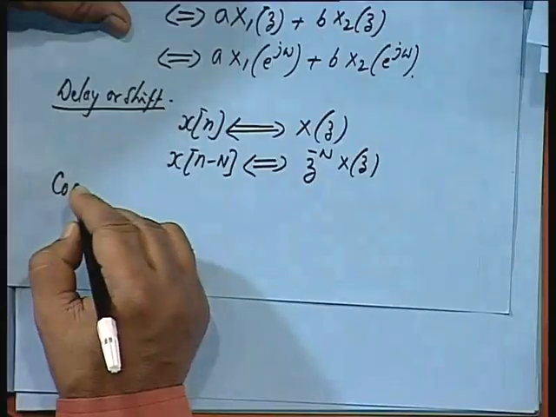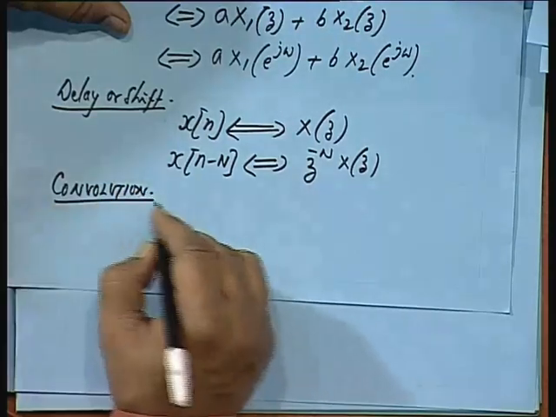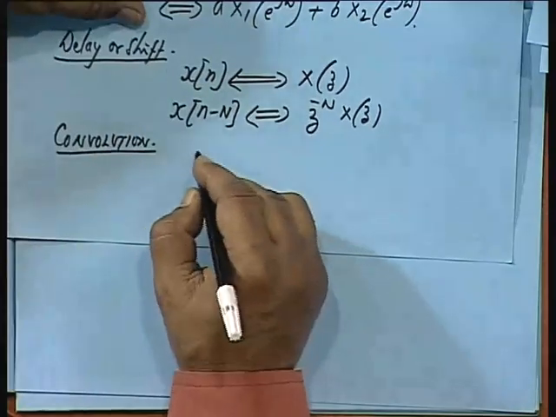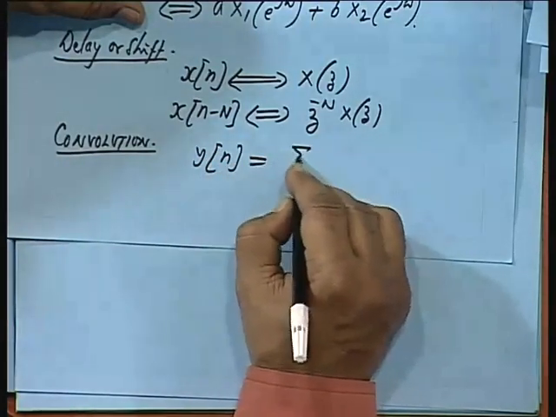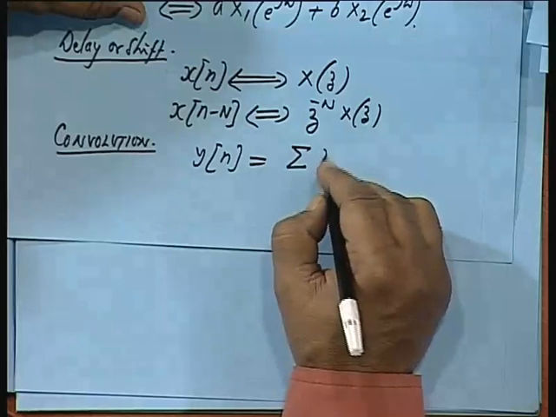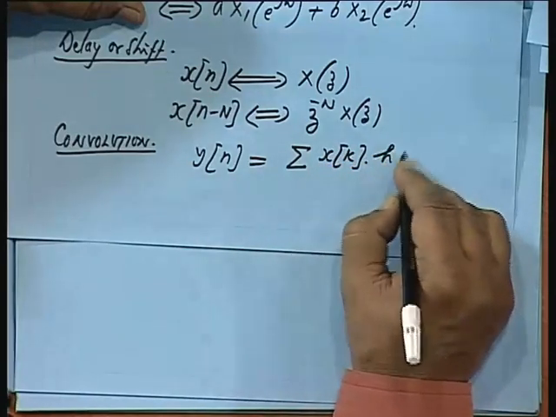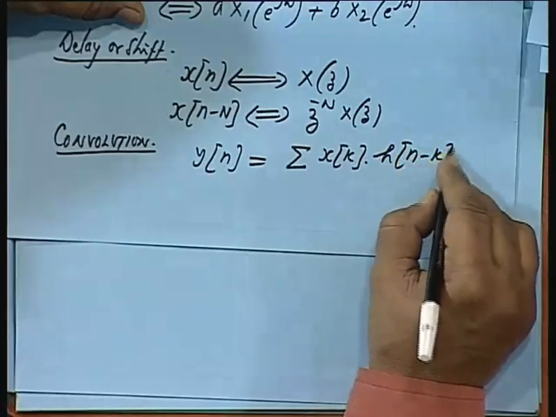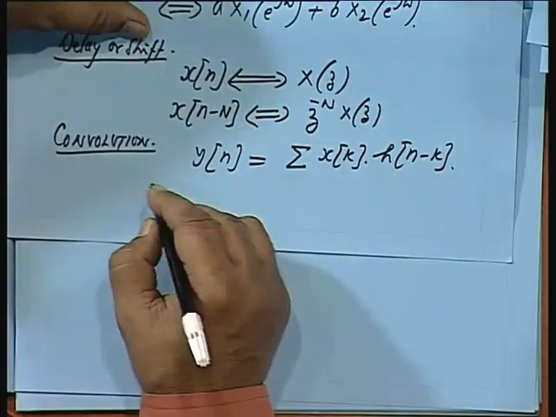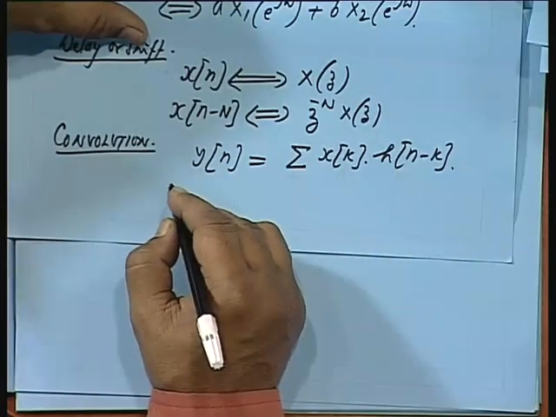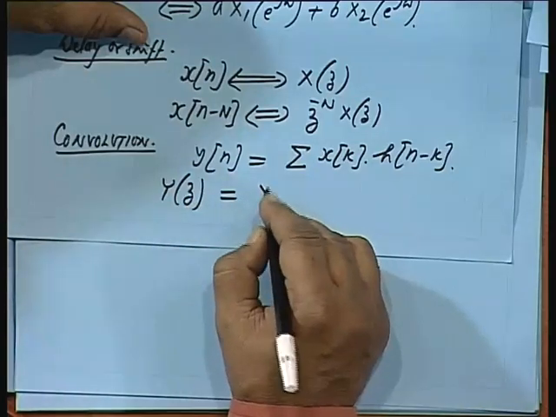Convolution. y n, if it is convolved in the discrete time domain, x k and h k, if they are convolved, then in the frequency domain, in the z domain, there will be a product form.